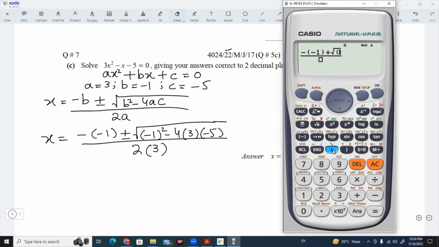Inside the square root, write (minus 1) squared, and then minus 4 times (3) times (minus 5), and in the denominator, write 2 times (3). For the positive sign, we will get the first answer. The first answer must be 1.47, rounded off to 2 decimal places.